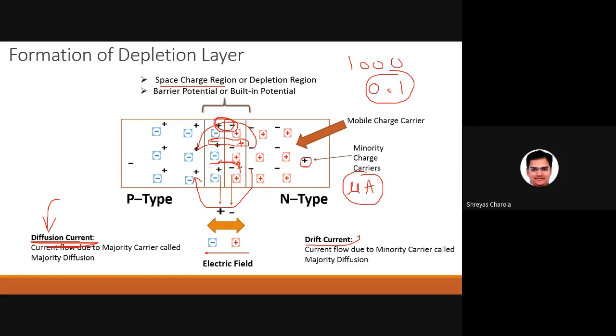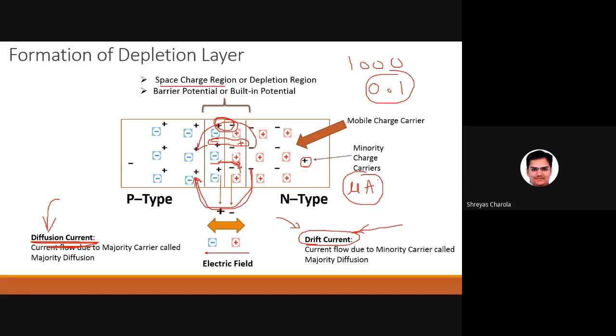That current due to the flow of minority charge carriers we call a drift current. Remember, the drift current is responsible for resisting this electron from moving out of the depletion region and going to the hole region.